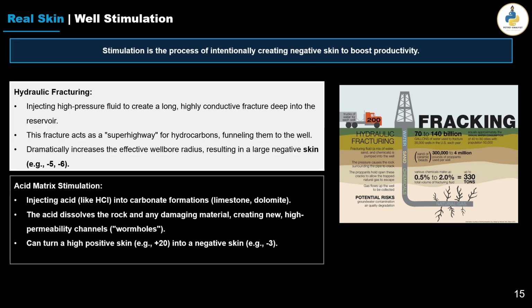We have hydraulic fracturing, injecting high pressure fluid into the reservoir to create fractures. These fractures act as a super highway for the hydrocarbon, like tunnels from the reservoir directly into the wellbore, causing a negative skin factor, which means enhancement in the reservoir well productivity.